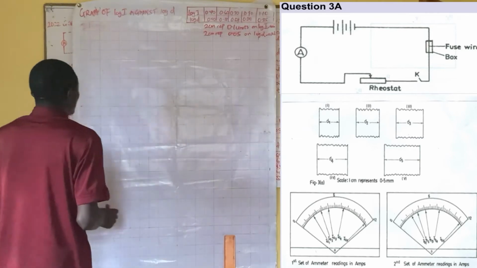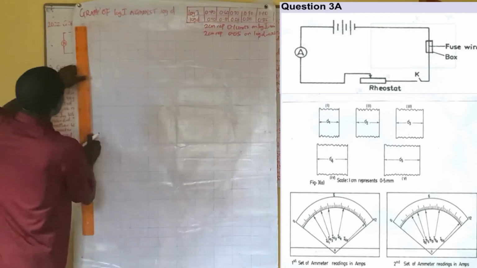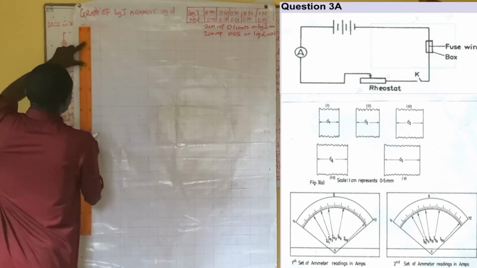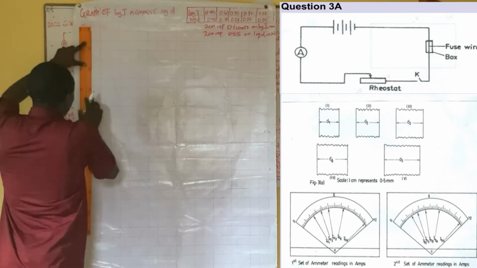Now let's quickly think of how we are going to draw the line. Let's see. I pick a line from here.